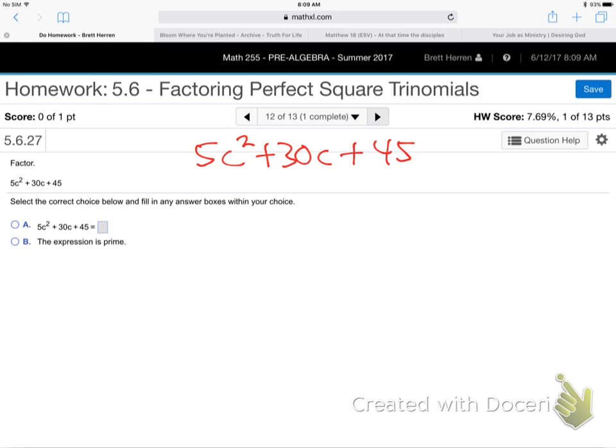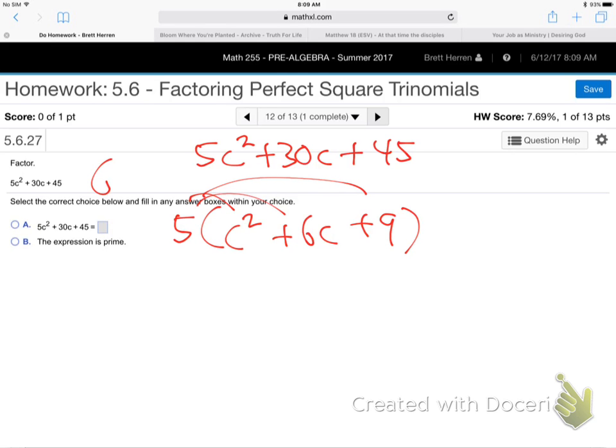So what goes into all three of them? 5 does. And then 5 times c squared, 5 times 6c, and 5 times 9. Good so far? So we take out the GCF first, and then we go to the two parentheses, right? And we're thinking about the word FOIL.